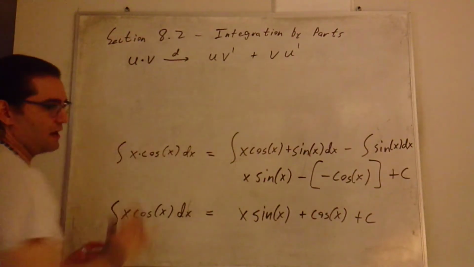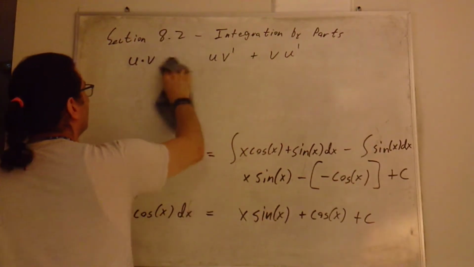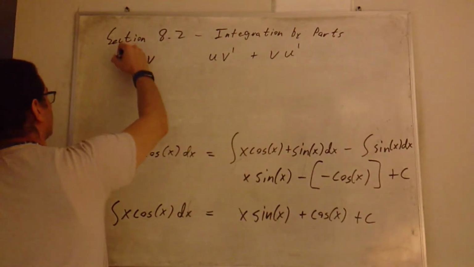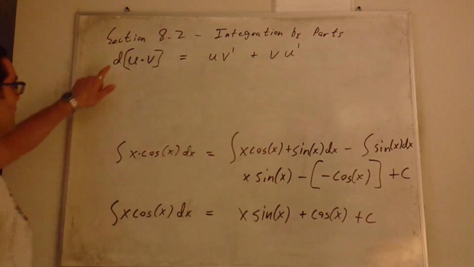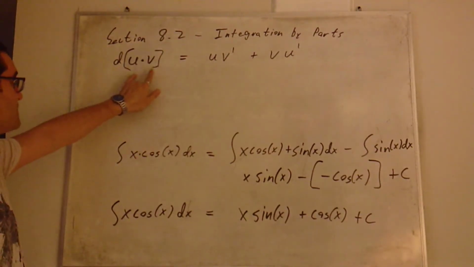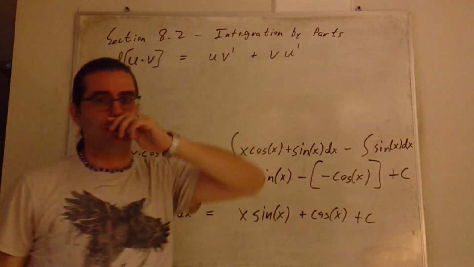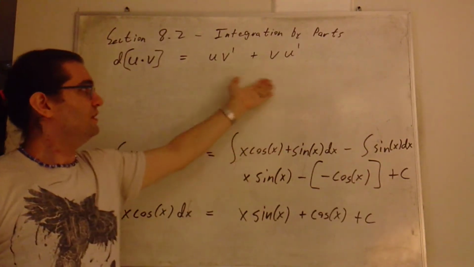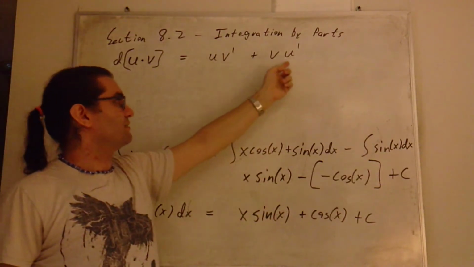And in fact, I don't want to use the derivative arrow for this one. I want this to be an equation so that I can mess with it. So I'm going to use the derivative operator. Derivative of u times v is u v prime plus v u prime. This is the product rule in its most vague and generic form. First derivative of the second, second derivative of the first.